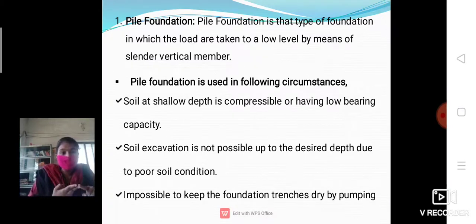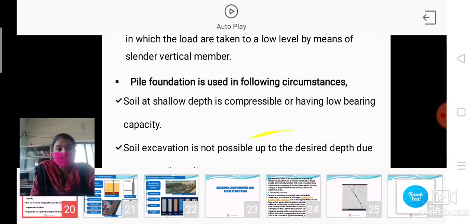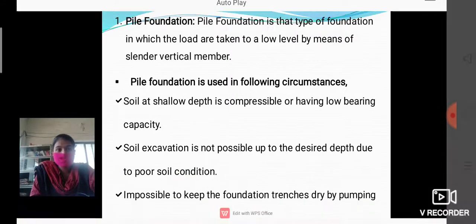Then when soil excavation is not possible up to the desired depth due to poor soil condition, and it is impossible to keep the foundation trenches dry by pumping. If all these circumstances are there, then we can use pile foundation. These all are the criteria for pile foundation.